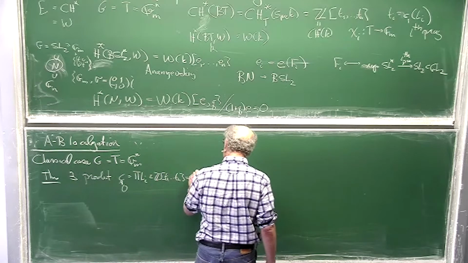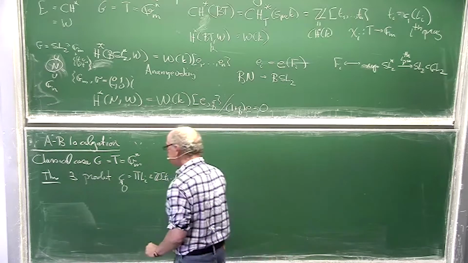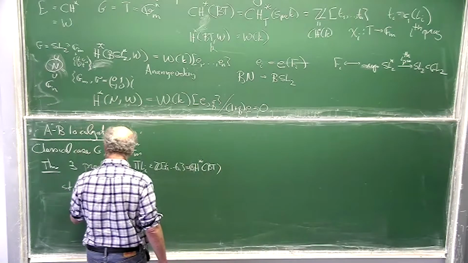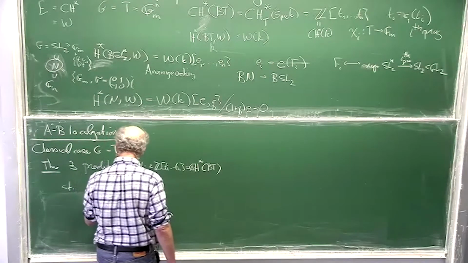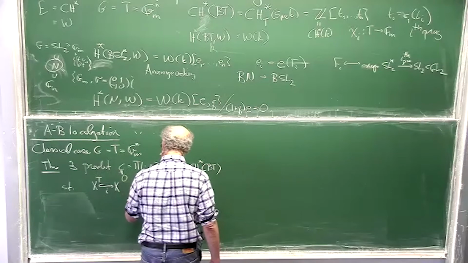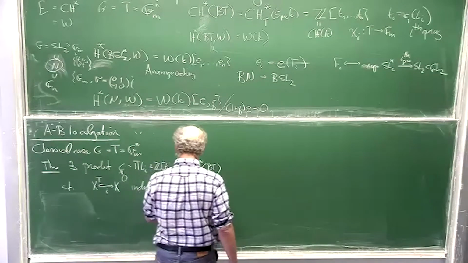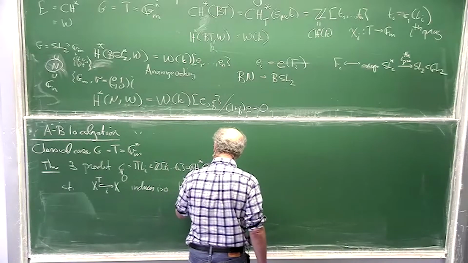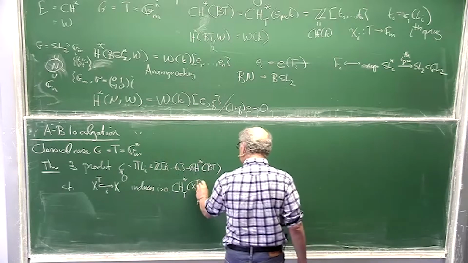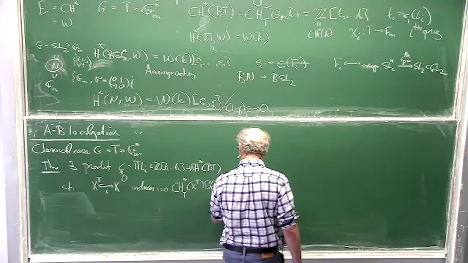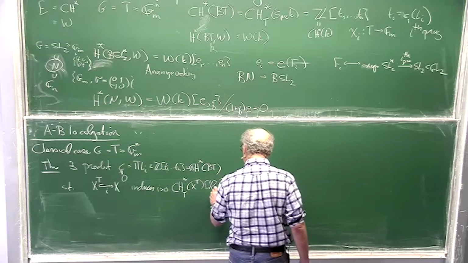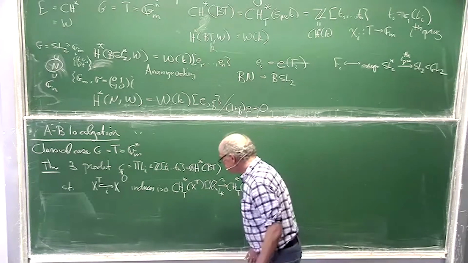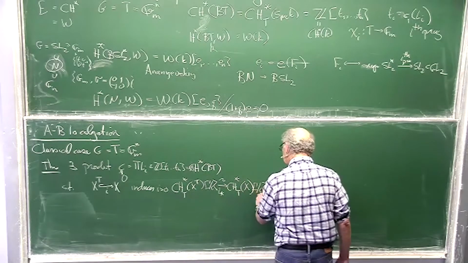I'll stick with the child. Such that if you take the inclusion here on the X, the morphism of the C star X is an isomorphism after inverting.